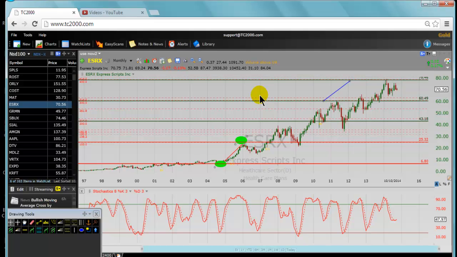Some stocks, if you check the Nasdaq 100, never go above the 214. Some stocks never go above the 314. Some stocks always will come back down in the zone of 414. So remember, 214, 314, 414.